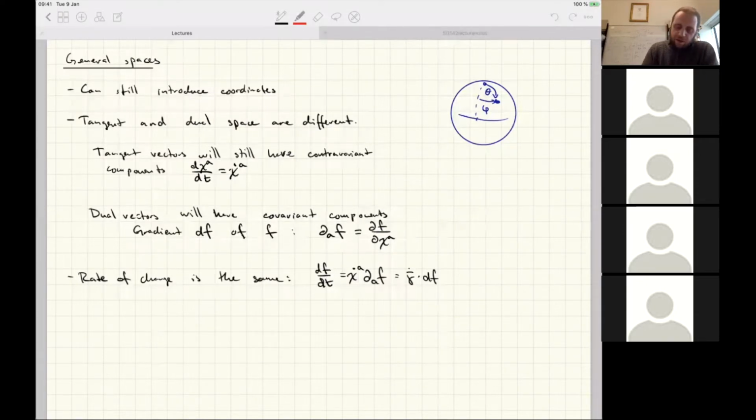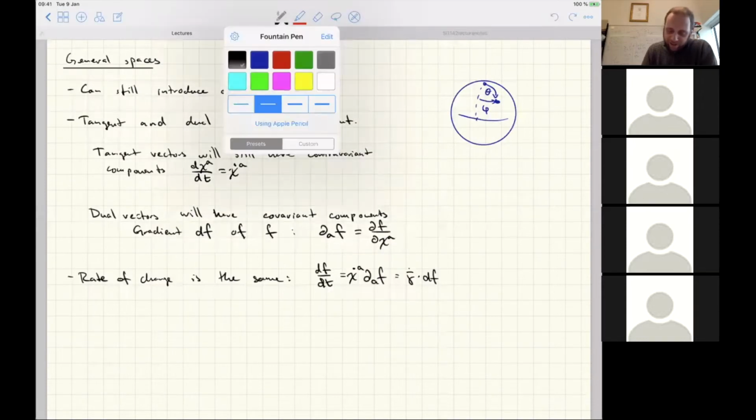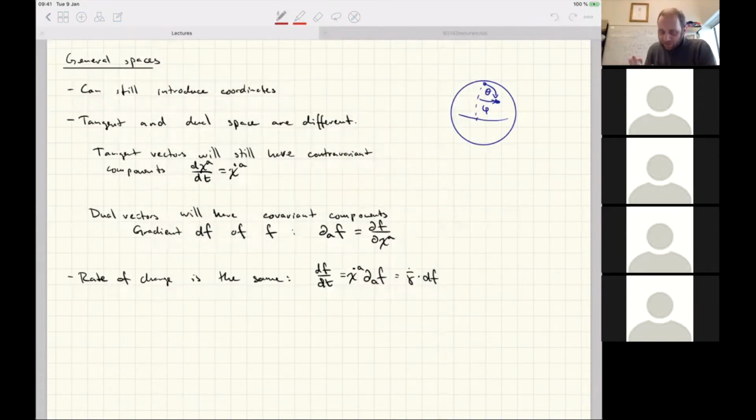If you really want to know what they are, but this is not going to end up on the exam: the basis vectors here for the tangent vectors are partial derivatives, because if you remember in the case of Euclidean space, we had this relation, ∂x/∂χ^a. This was our definition of e_a. But in our general space, there is no position vector.